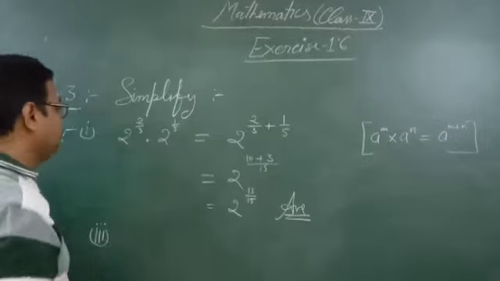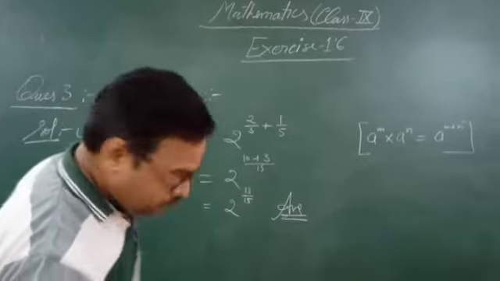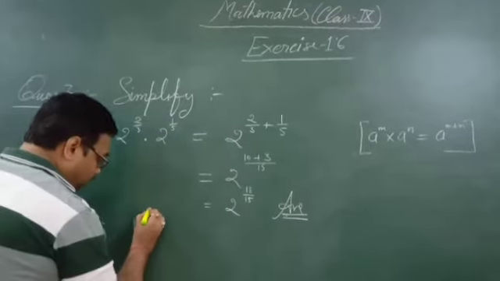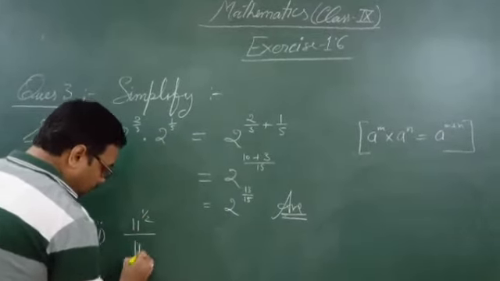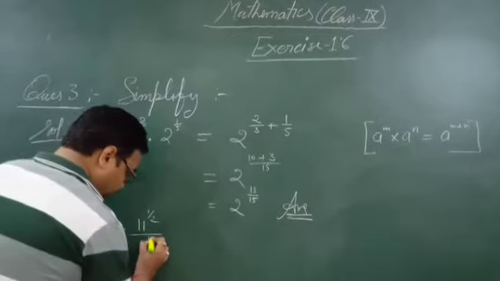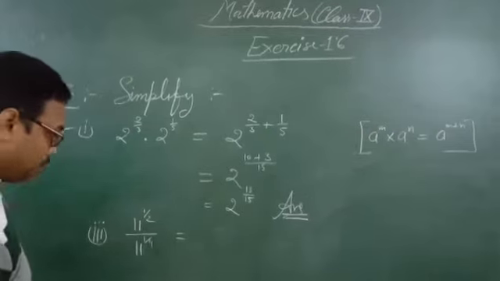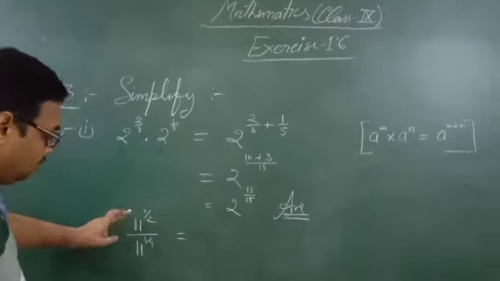In the third part of the same question, here the numbers are given: 11 to the power 1 upon 2 upon 11 to the power 1 upon 4. So what you will do in this step? Here the terms are given in division.